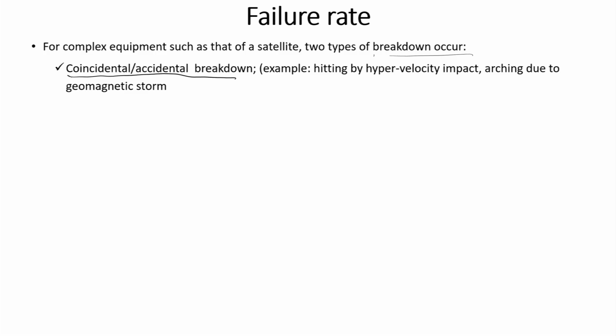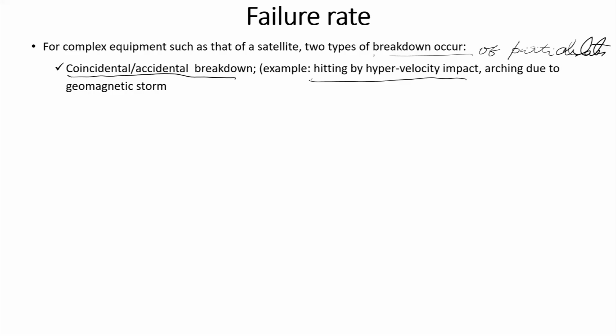The example is heating by hypervelocity impact of particulates available, or it can be arcing due to a geomagnetic storm. We have seen that when a geomagnetic storm is there, the spacecraft gets charged, so there can be arcing. If this type of breakdown happens, these are coincidental or accidental.